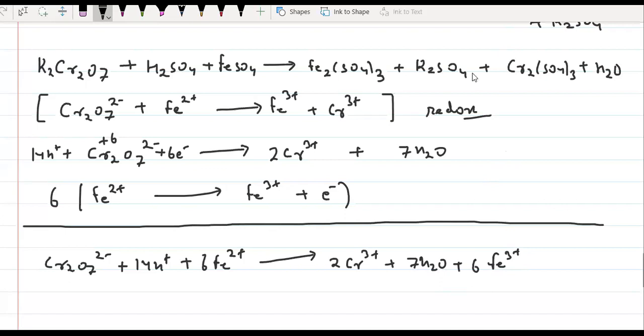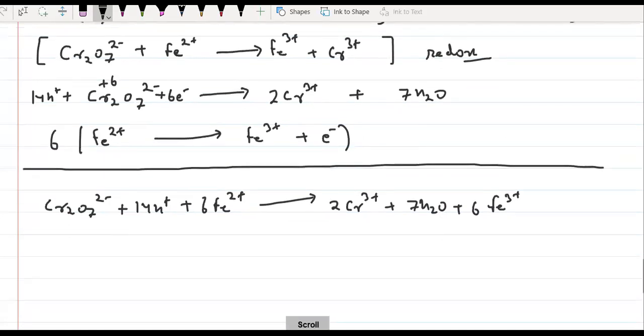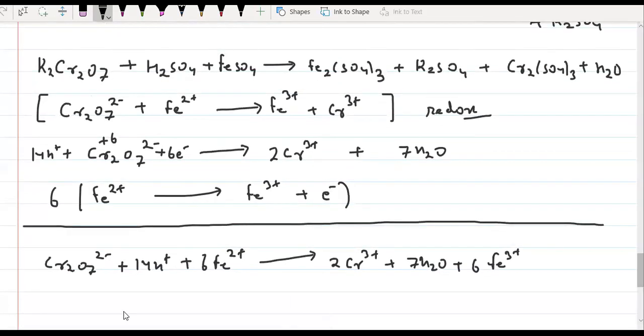Now this is a balanced redox reaction. Then what we have to do? Add spectator ions.